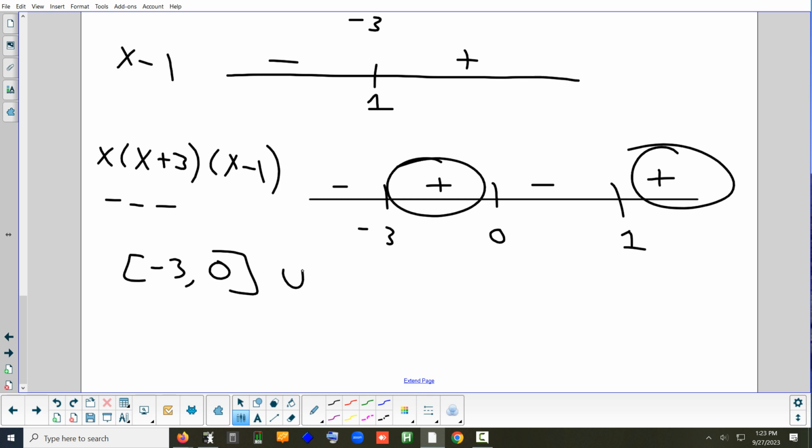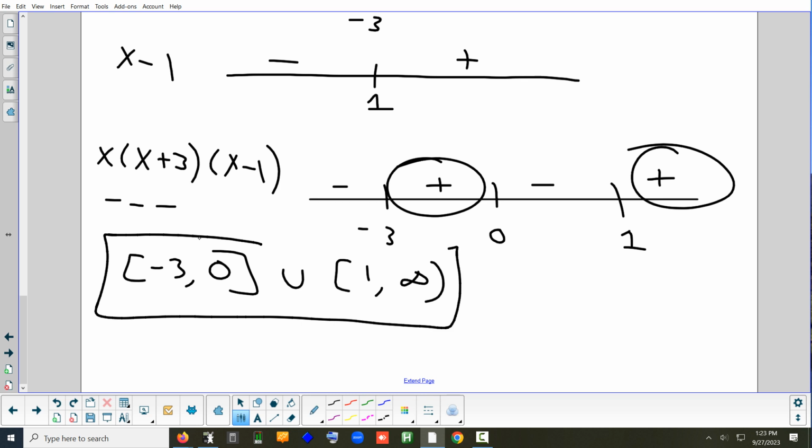Someone else describe that one. Esther? Bracket 1, comma, infinity, parentheses. Yep, perfect. And those are the numbers that you can fill in to this problem, and it will come out to a positive. Any question on that?